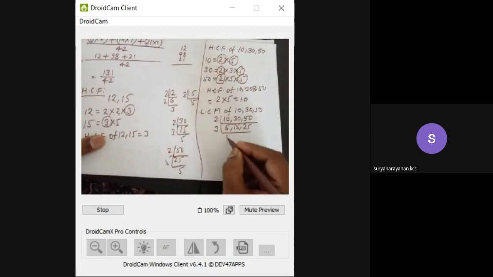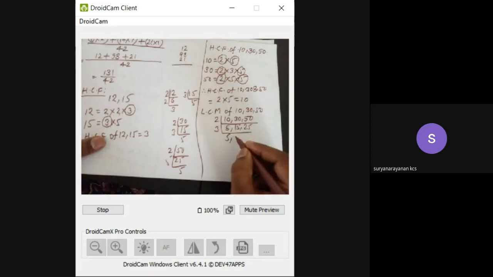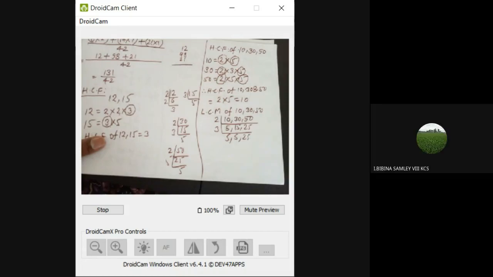So we write 5 as it is. Here, 3 5s. Got this point? Next table. What is the next prime number? It is 5.